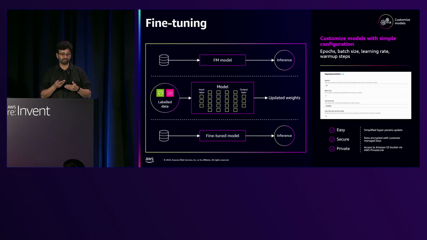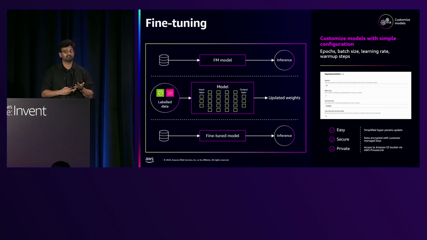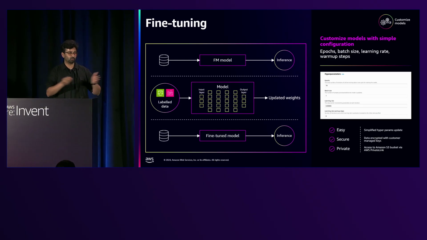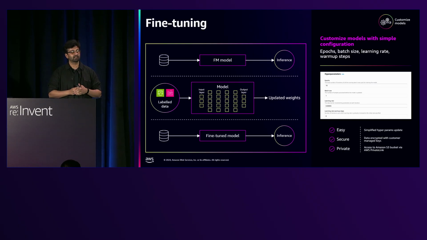And while you're doing fine-tuning, at least Amazon Bedrock will give you the most important parameters that you can control the outcome of fine-tuning with. These are called hyperparameters, right? So high-level ways to really control the fine-tuning. This can be the learning rate. It can be the number of epochs, or how long you want to run the training. It can be the number of warm-up steps, for example.